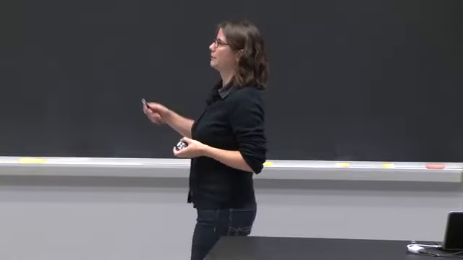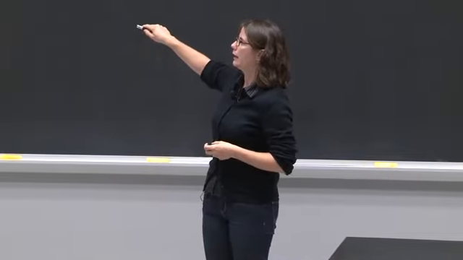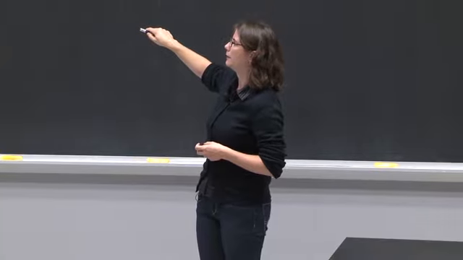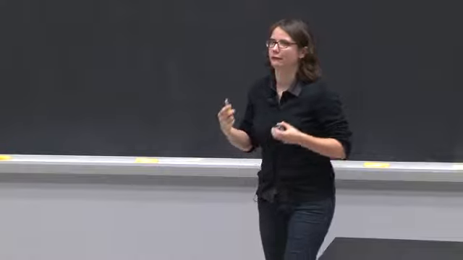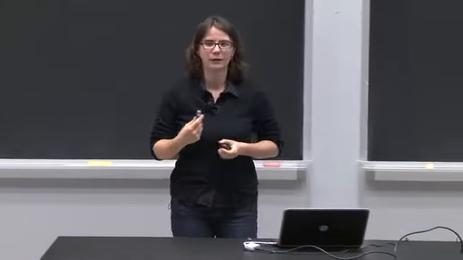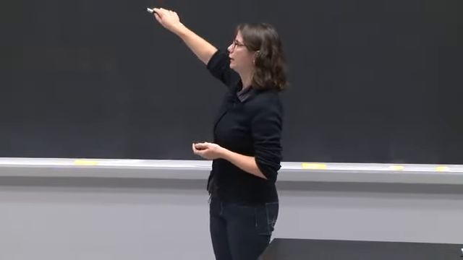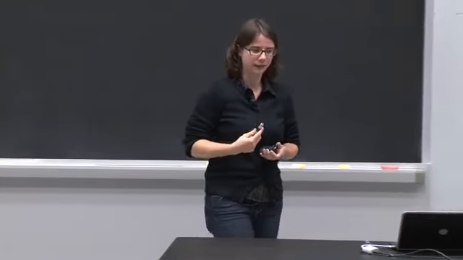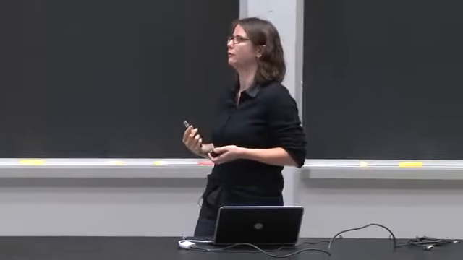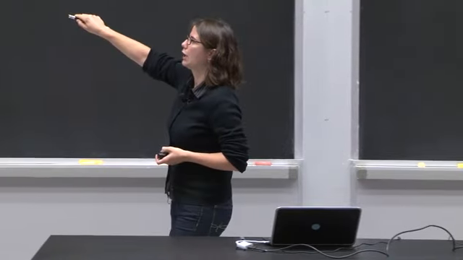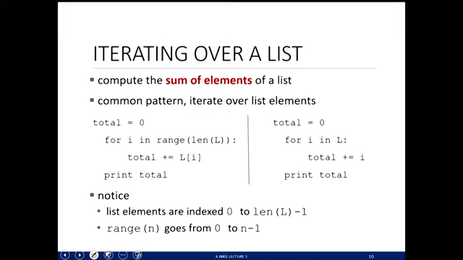I've said this a couple times before, but it'll make your life a lot easier if, when you want to iterate through a list, you think about iterating through the elements directly. It's a lot more Pythonic. I've used that word before. This is a common pattern that you're going to see where you're iterating over the list elements directly. We've done it over tuples. We've done it over strings. So these are identical codes.